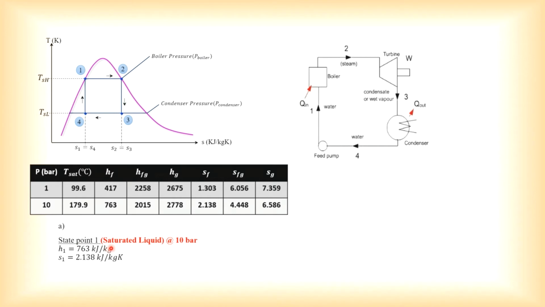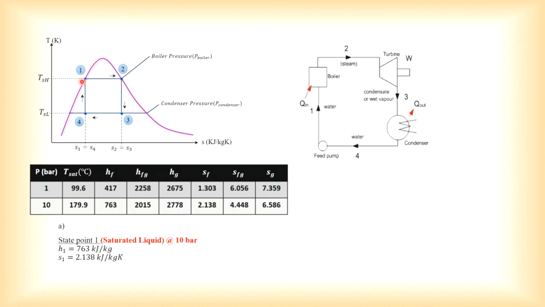State point 1 is sitting on the saturated liquid line. So H1 is equal to HF, saturated liquid, at 10 bar. So your H1 is 763.